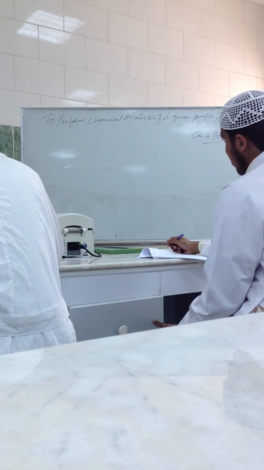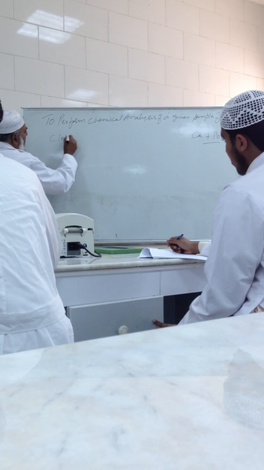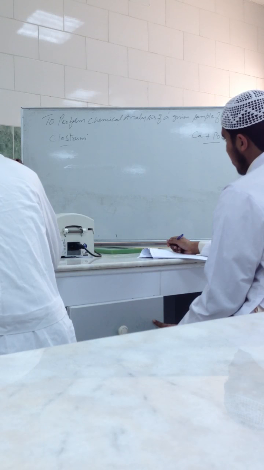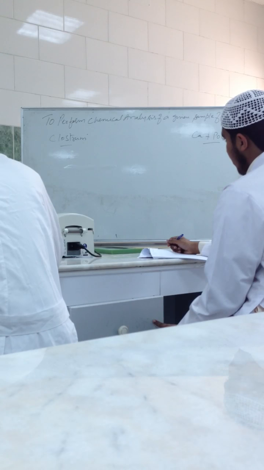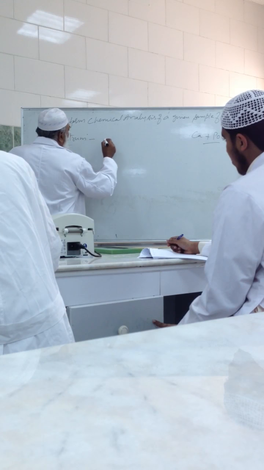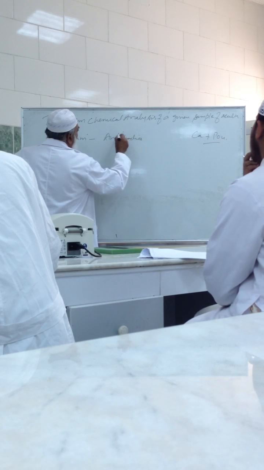And the first or the earliest milk which is ejected from the mother's body is known as colostrum. And this colostrum is very important for the baby because it contains a large number of antibodies, gamma globulins.